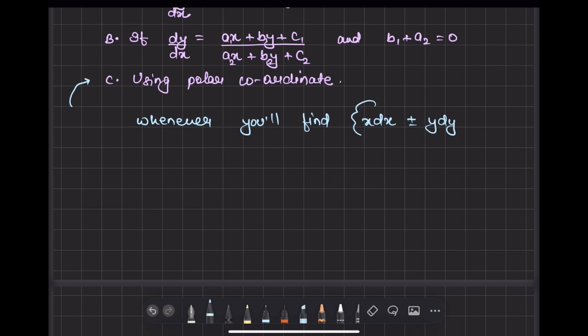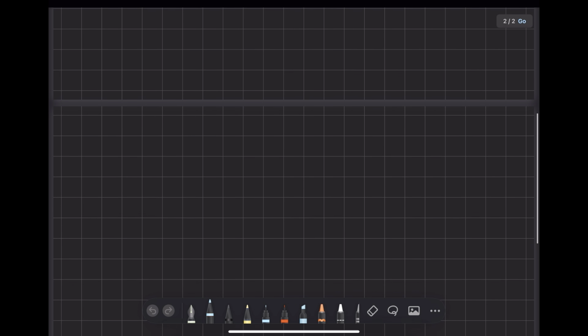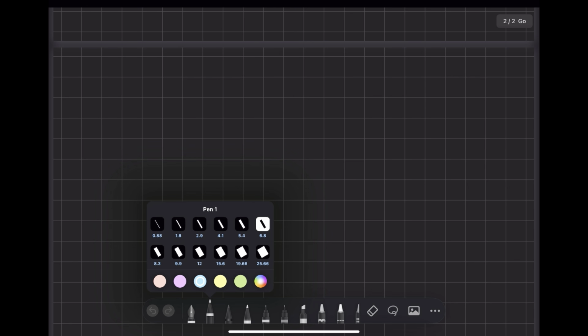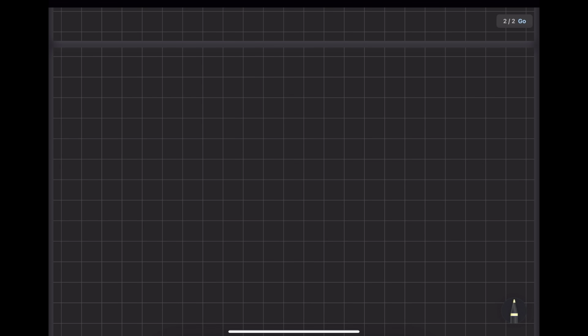Okay, this is most important. In any question, if you observe this, you have to think about the idea that we have to use polar coordinates. Now with polar, you know that we have to connect ourselves with theta.